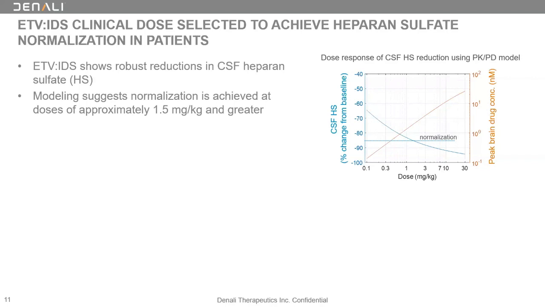And the dotted line is the level of normalization for the particular biomarker, which is represented as percentage change from baseline. And we want to get normalization by reduction of 85% plus. And we observe that a dose of 1.5 gets you there. Greater doses will definitely have additional improvement, but we do get the desired activity at doses 1.5 and greater.